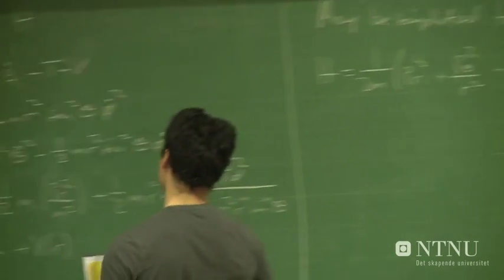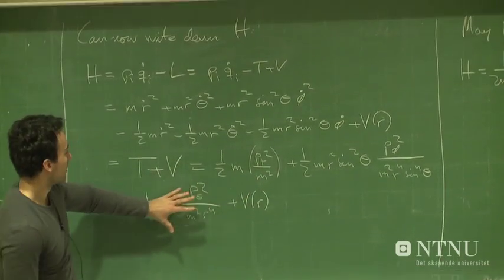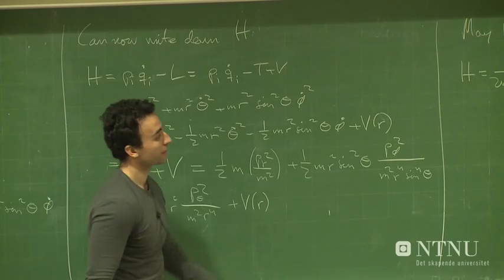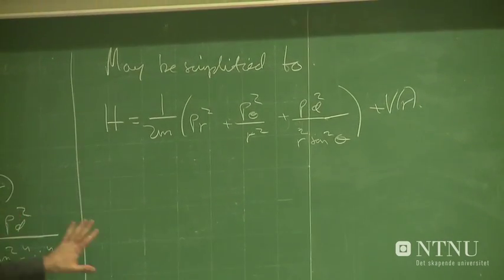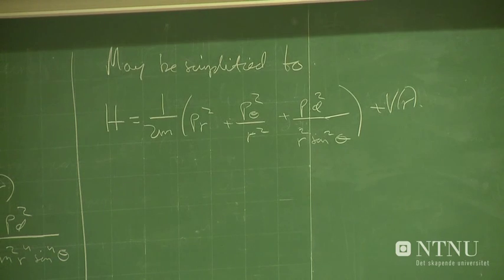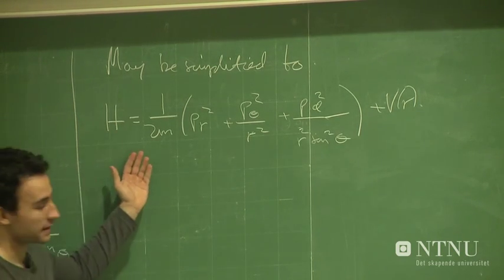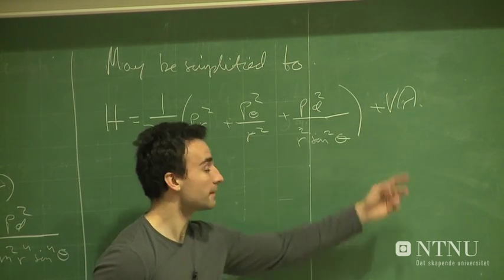By cancelling a couple of terms here, to simplify all of these fractions, I can write down the final expression for the Hamiltonian, where this is the kinetic part and this is the potential part.